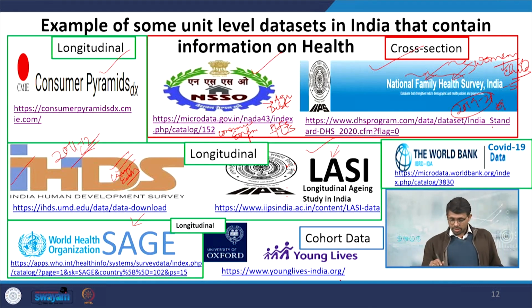Another one is called LASI, the Longitudinal Ageing Study in India. The focus here is on ageing, the aged population 45 years onwards. So this should also be referred to. Another is the SAGE data set of WHO. It has a focus on health systems, so it will be useful.